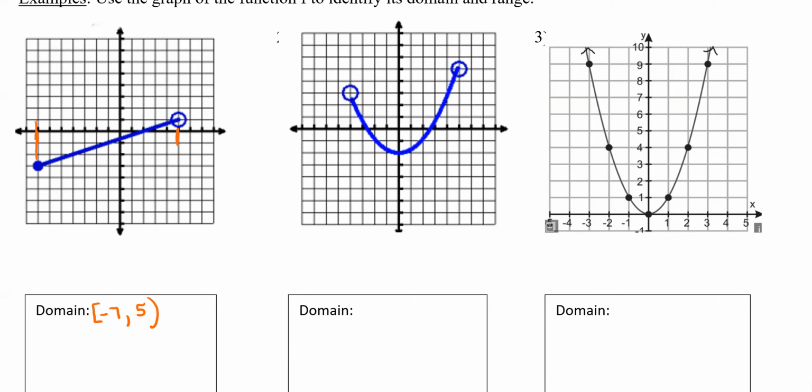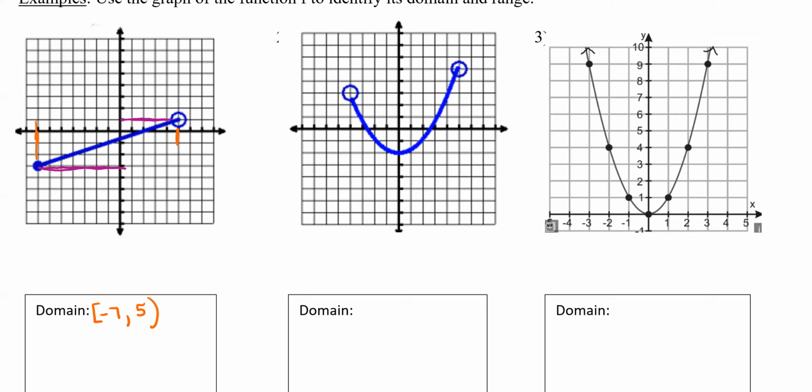So down below on our worksheet, it's asking for the range. So I'm going to go ahead and find the range. The range are your y values. So it's defined between these y values. So your range is like the floor and the ceiling.